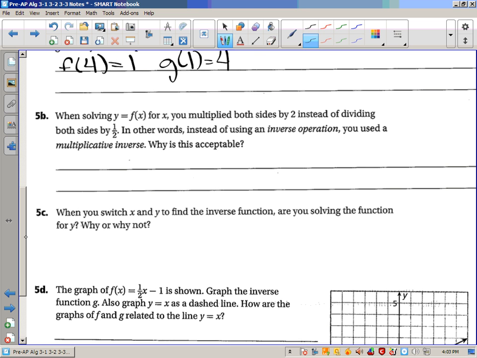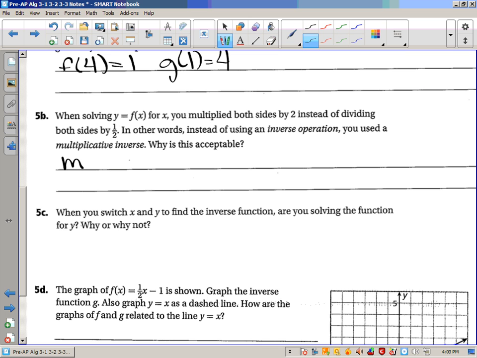Now, when we talk about using an inverse operation, when we got rid of the 1/2, we multiplied both sides by 2 instead of dividing by 1/2. So instead of using the inverse operation for multiplication division, we used what we call a multiplicative inverse. Why is this acceptable?